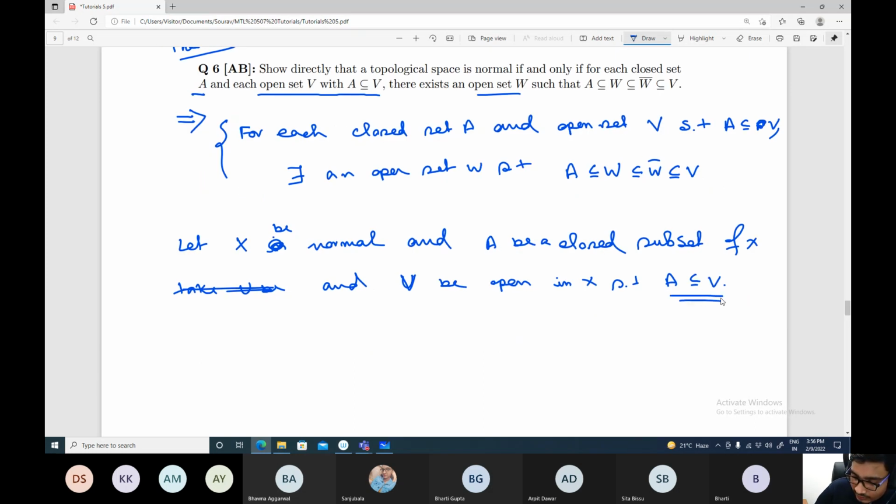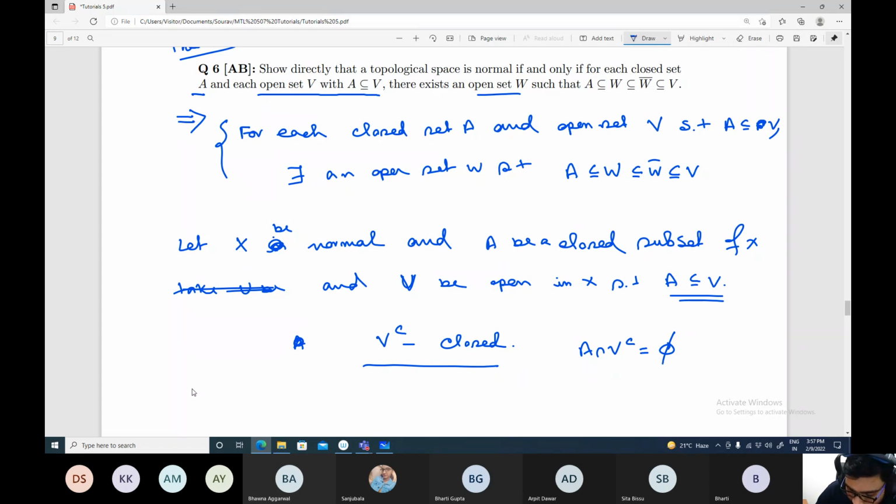So then what can you say? What is V complement? This is closed, right? Yes. This is closed and A intersection V complement is empty, right?